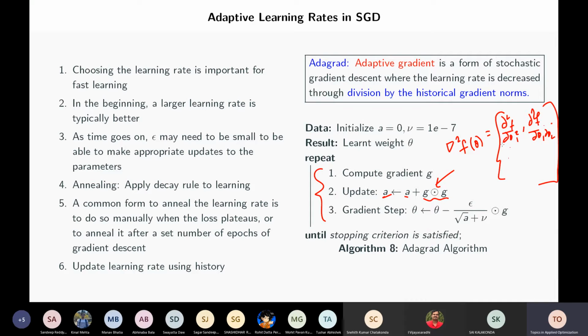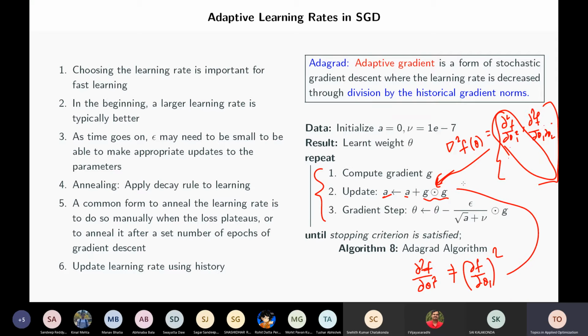So one possibility is that I consider a diagonal approximation to this. The diagonal approximation will contain the second derivative terms. So this is kind of an approximation to that. You are trying to take second order information, but this is still a bit different from this. So del 2 f by del theta 1 square is not equal to del f by del theta 1 whole square.